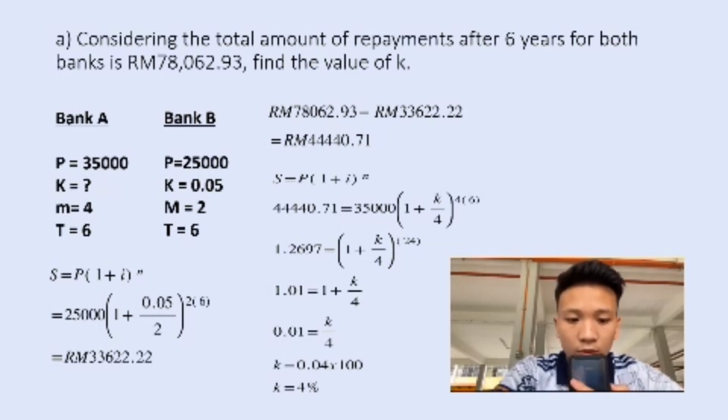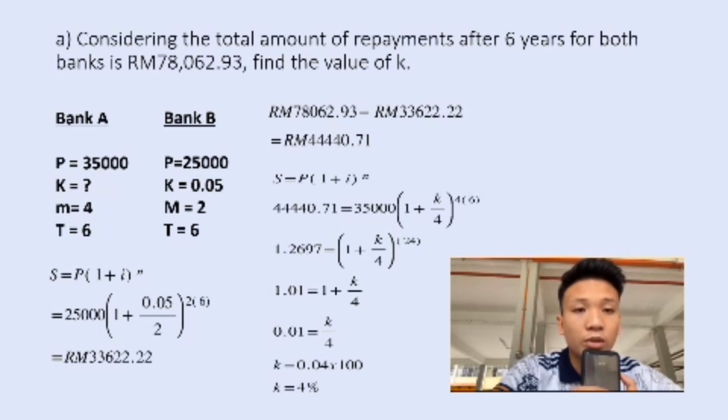We know the time is 6 years. Referring to the question, 78,062 ringgit and 93 cents is the total amount of repayment of both banks that Mr. Rizal has to pay after 6 years.